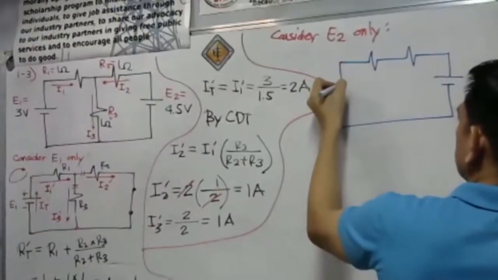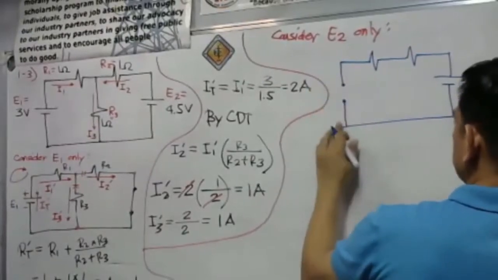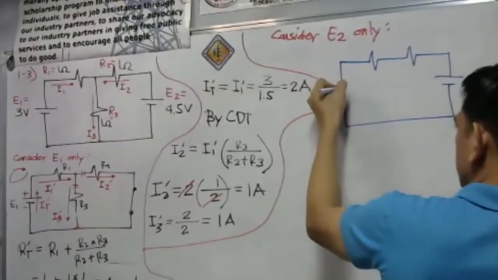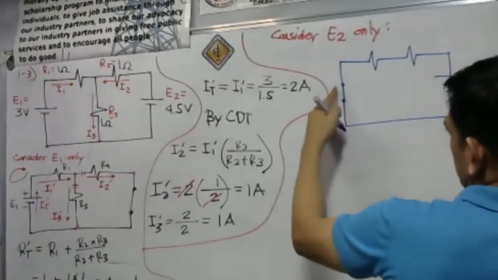And then the two terminals of the 3 volts source must be short-circuited. We are going to short this. That is the terminals of the 3 volts source.